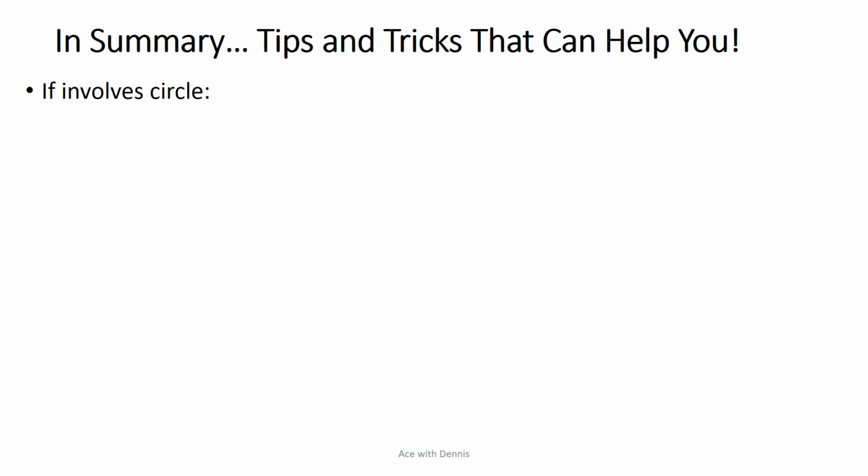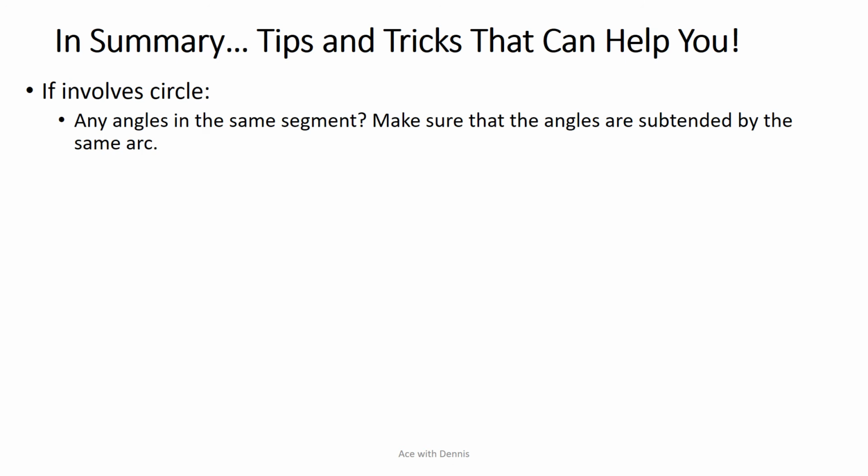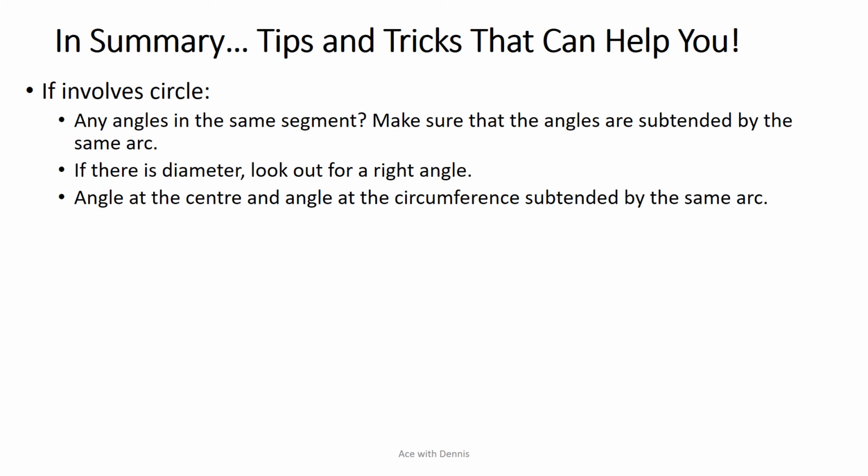If it involves a circle, then are there any angles in the same segment? Make sure that the angles are subtended by the same arc. If there is a diameter, look out for a right angle. Angle at the center and angle at the circumference subtended by the same arc.